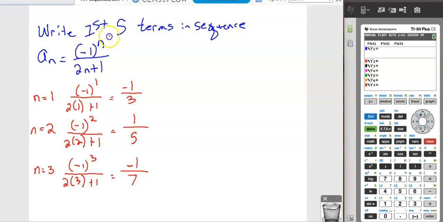So if I ask you to find the first 5 terms or 6 terms or 7 terms, you can easily do that. Now, I also want you to notice you can also come over to your calculator, and plug this function in.